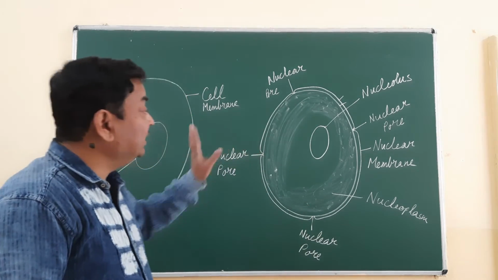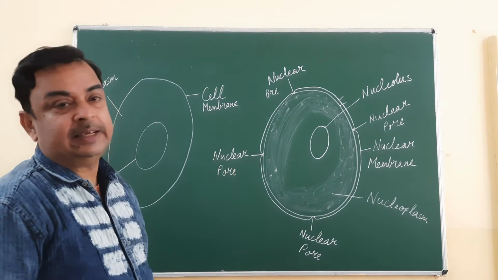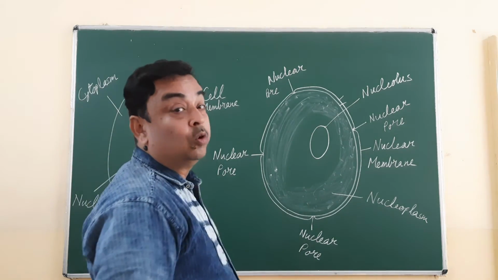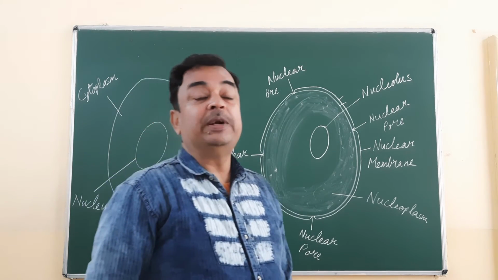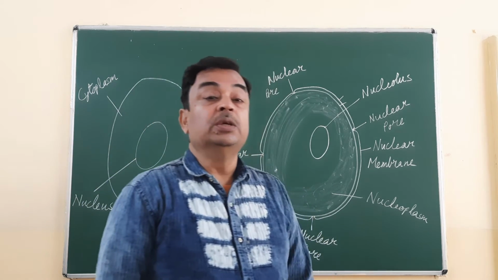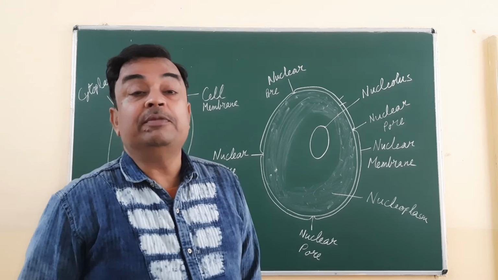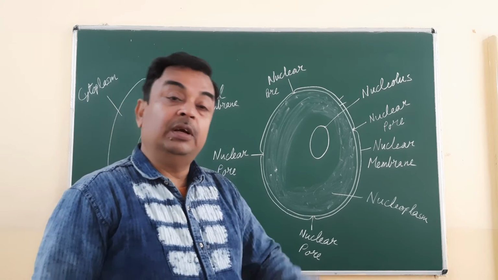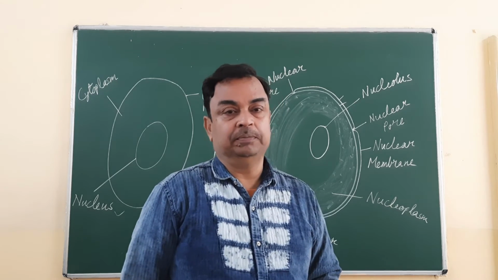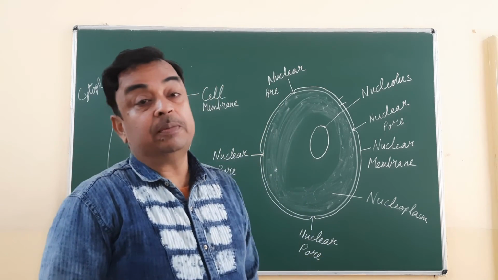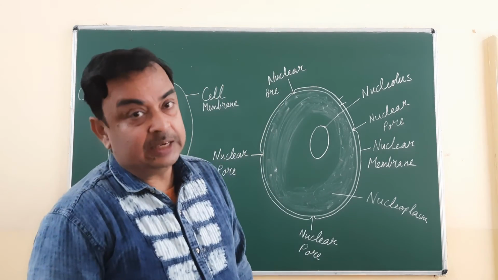Now inside this, there are chromatin materials. Chromatin materials are what? Chromatin materials are those materials which carry the information of the characters of the previous generation. Those informations are passed on to the next generation.